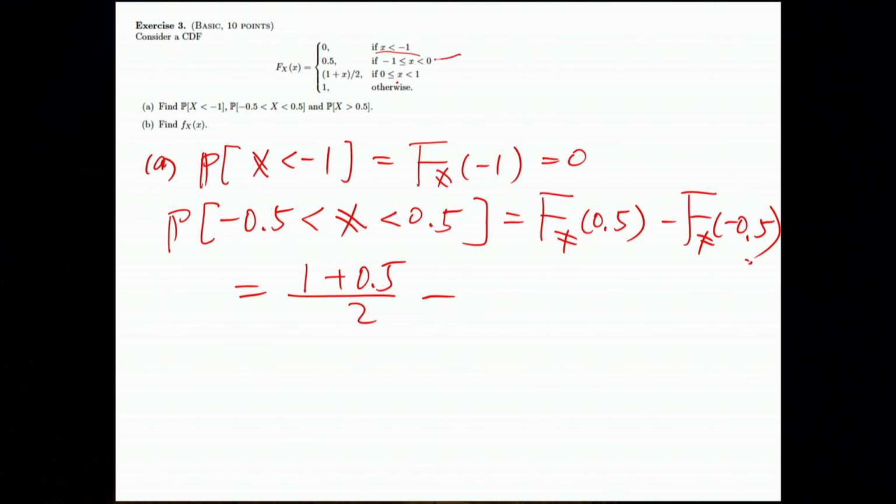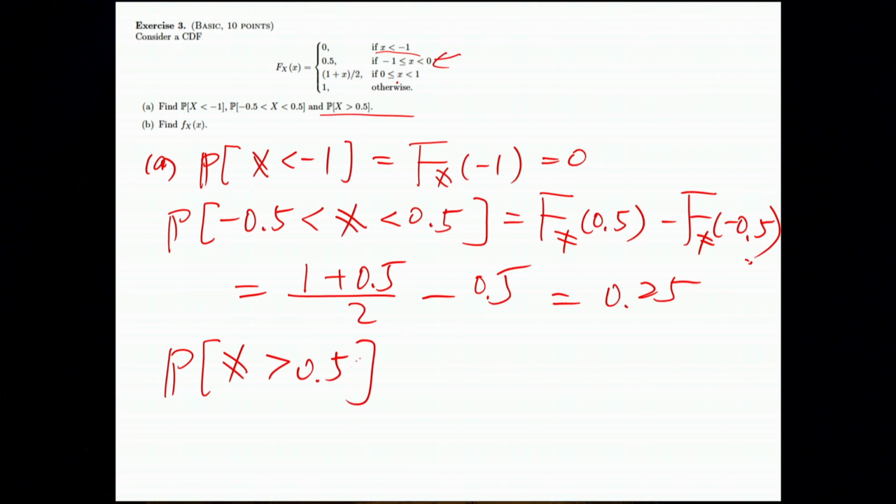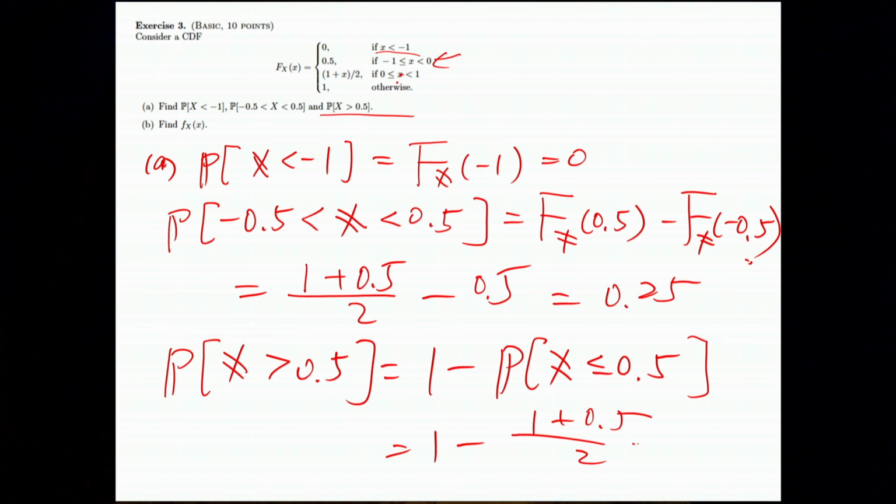Minus this region here, 0.5, which is 0.25. And the probability of x is greater than 0.5. It's 1 minus the probability of x less than or equal to 0.5. 0.5 is here. So it's 1 minus 1 plus 0.5 divided by 2, which is 0.25 again.